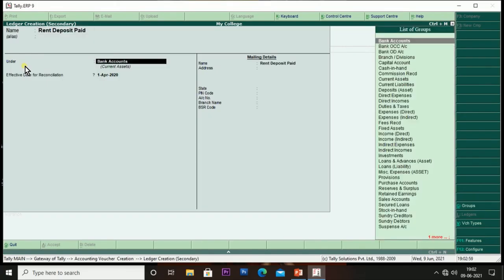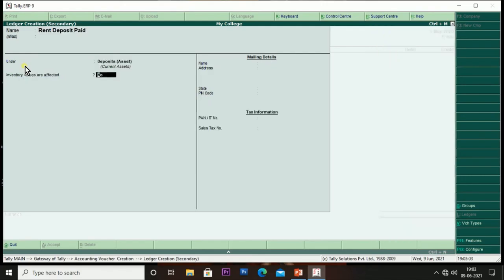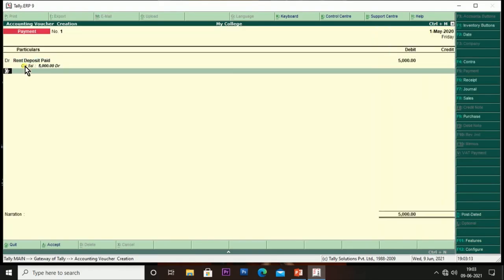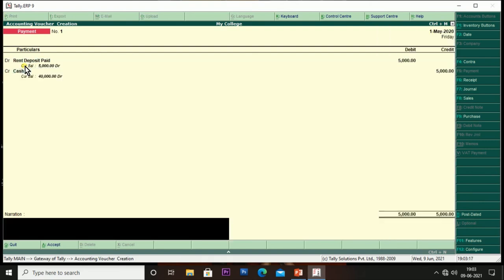The rent deposit comes under deposits since it is an asset. Then debit 5,000 rupees and credit to cash 5,000 rupees, being rent deposit paid to the building owner.